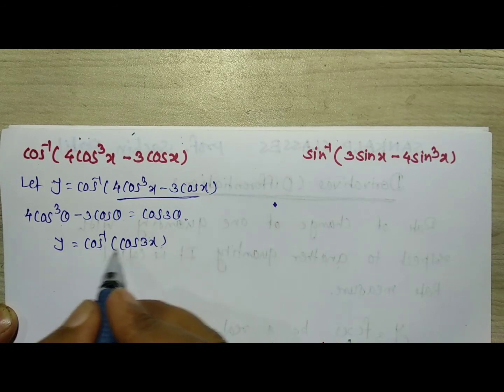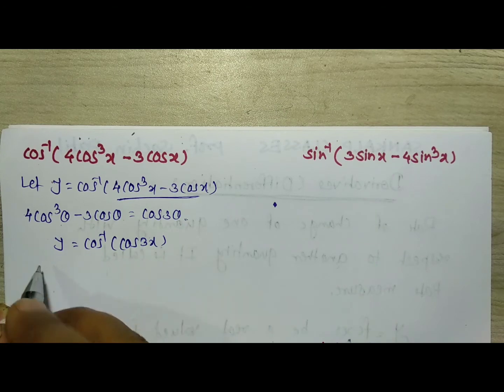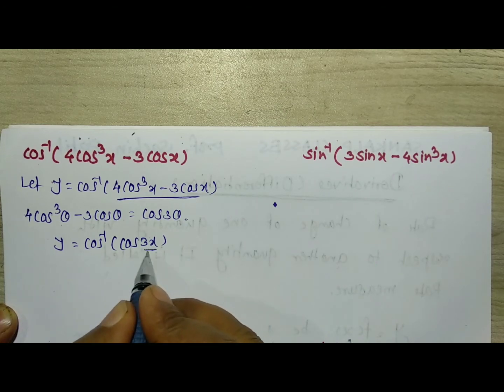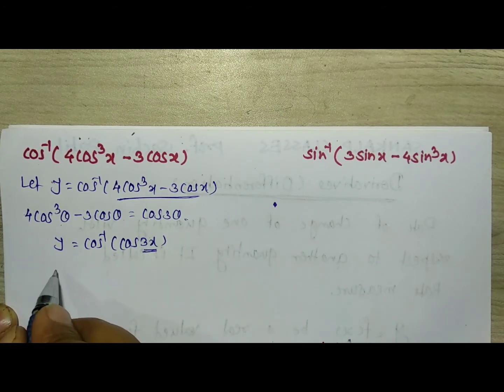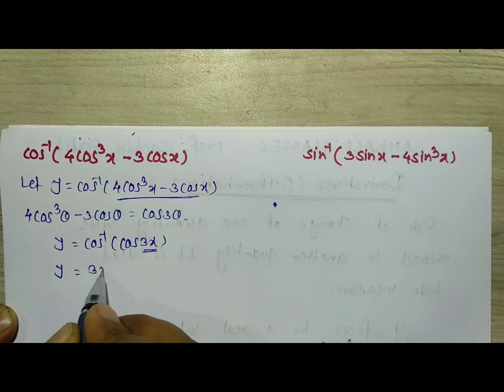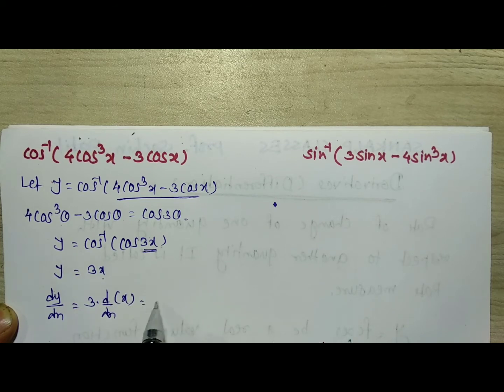We know that cos inverse and cos cancel each other, so 3x is nothing but theta, and therefore y is equal to 3x. Since y is a function of x, the derivative dy by dx is equal to 3 into the derivative of x. The derivative of x is 1, and therefore you get 3 into 1, that means 3. This is the derivative of that function.